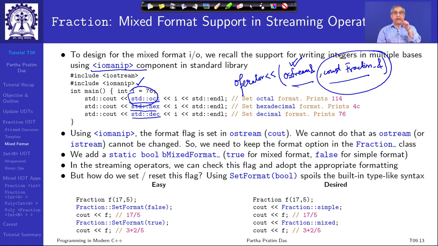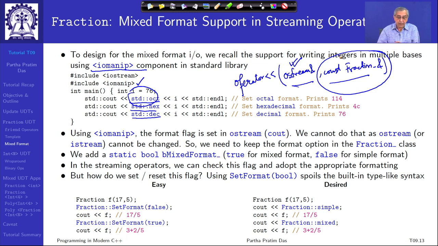Now, we cannot directly do that, because in that case the particular fraction that we are about to print, how will that fraction know that it needs to print in mixed format or in simple format and so on. But overall, if you just think of that, the information has to come from the fraction class itself.